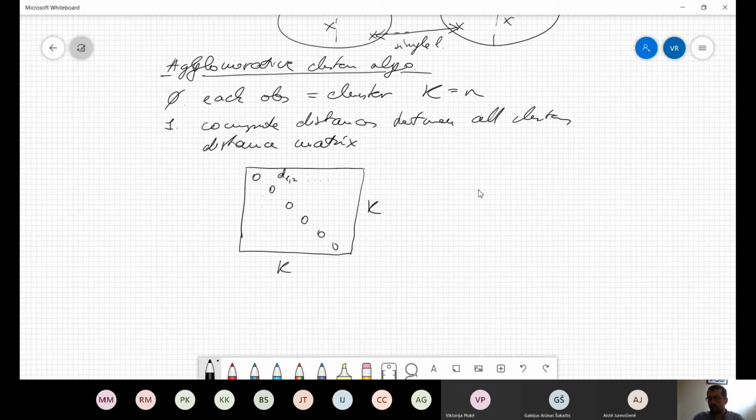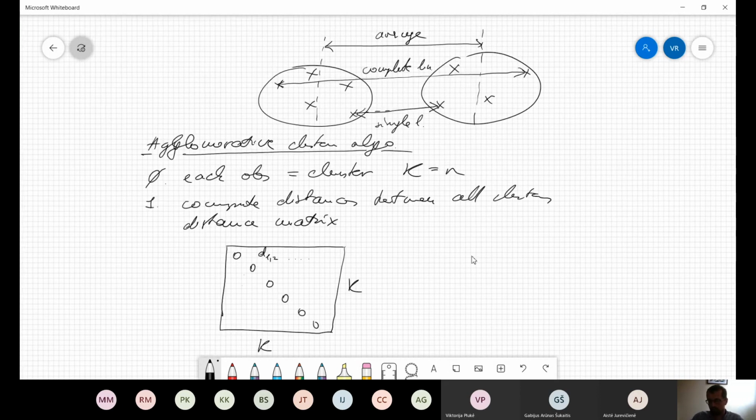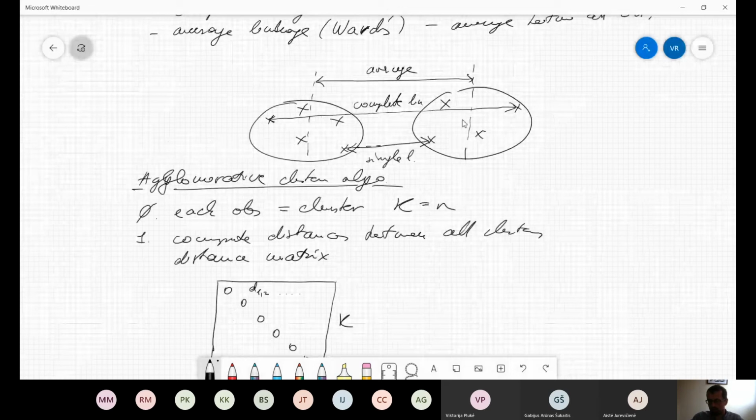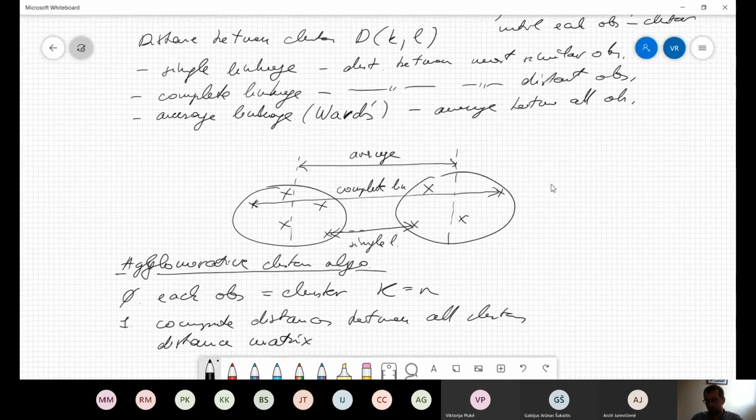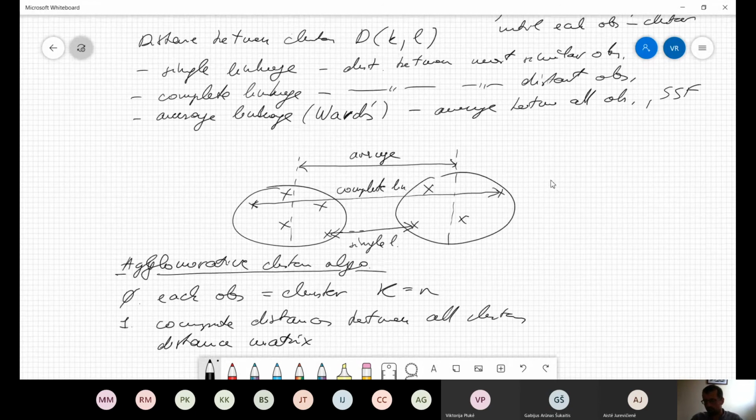And how these distances are calculated, again, we had a special topic about how to calculate distances between points. So you can use any of these distances, especially if we talk about the complete linkage or single linkage, it doesn't matter. For the average, in most cases the sum of squared errors is used because you need an average.